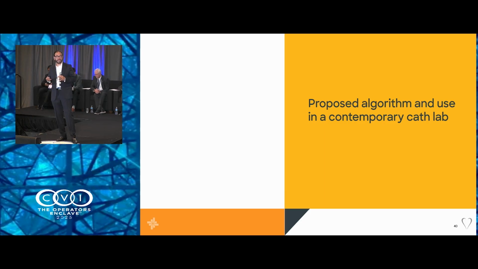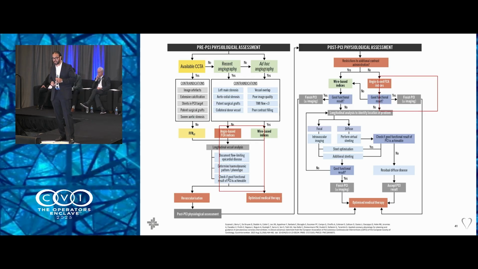So what is the proposed algorithm in involving this kind of technology in a contemporary cath lab? Well, this is a great outlook that was published by Eskened and colleagues in Neurointervention. If you integrate this kind of system within your workflow, it has a place, and it doesn't necessarily need to replace the wire-based technology, but can work complementary to it, in a way where you can assess a vessel while you're treating another vessel, and be efficient.